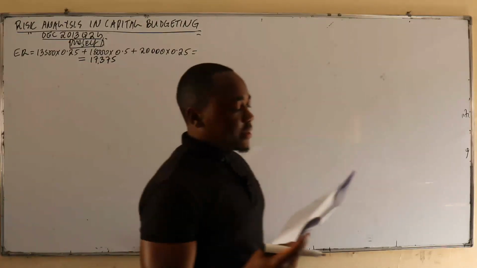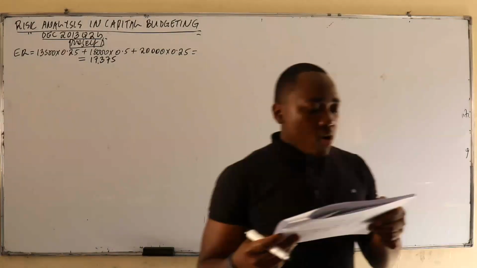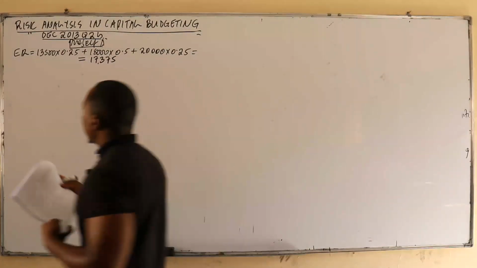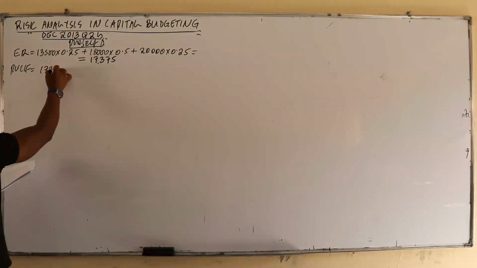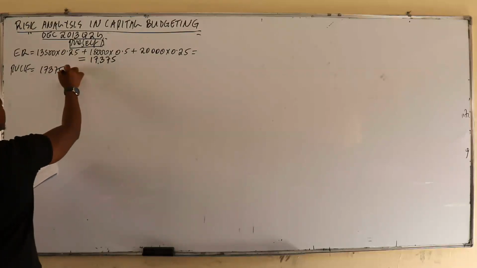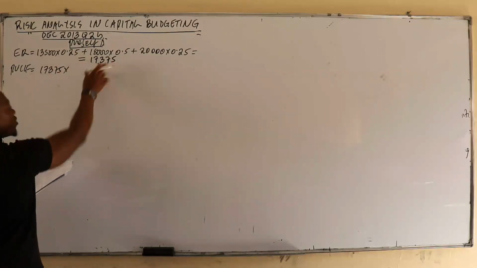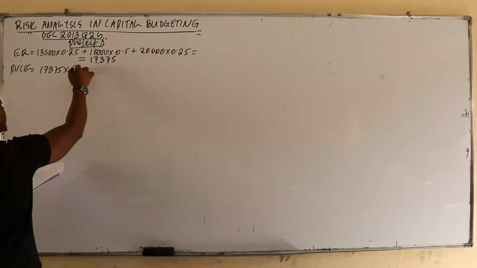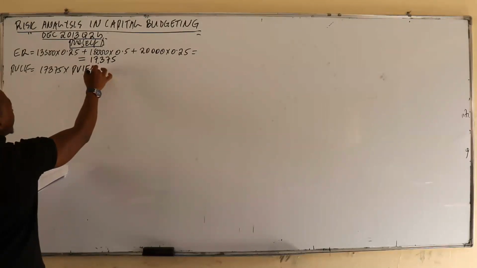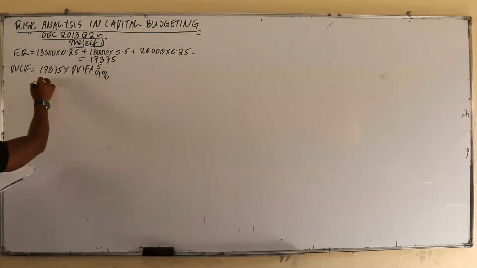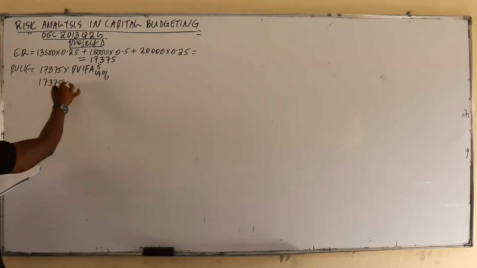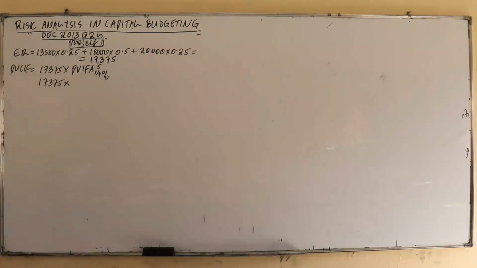Then you are told that concerns. First of all, before we go to that, you have these expected cash flows. So let's get the present value of cash inflow. We'll take 17,375 and discount. This is the expected annual cash flow for the next 5 years. Present value interest factor of an annuity, the cost of capital is 14% for the next 5 years. 14% for 5 years is how much?